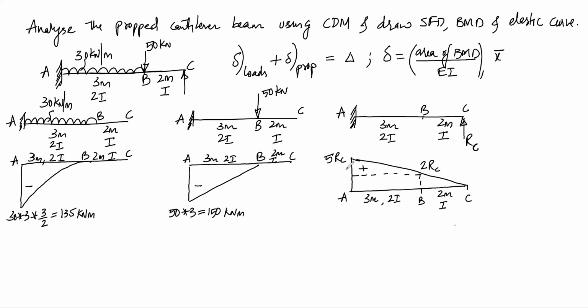Now we know this is 5 times RC. So we know this height is 2 times RC. So the remaining height will be 5 minus 2, that is 3 times RC. So this is about the bending moment diagrams. Now the centroidal distances have to be considered from the centroid till the prop for each BMD.